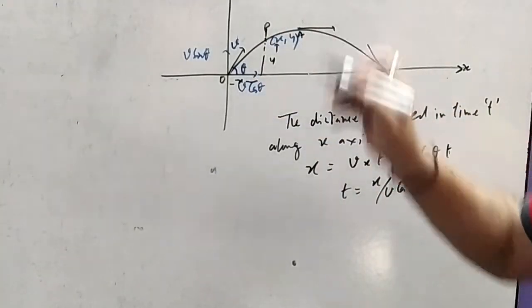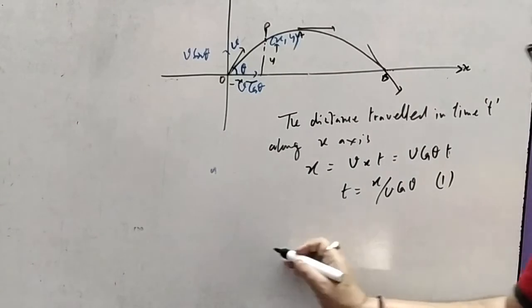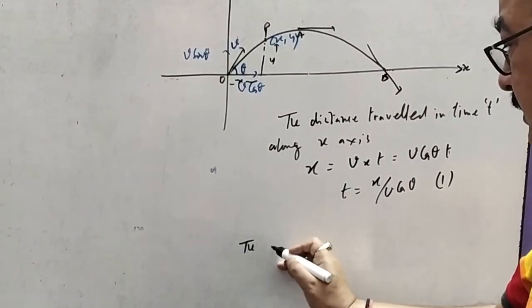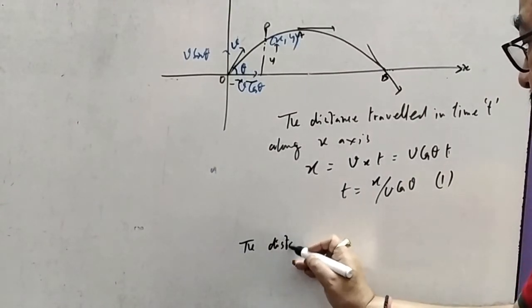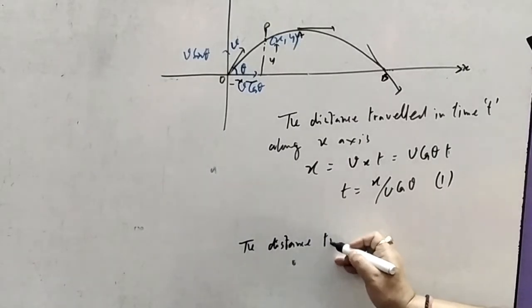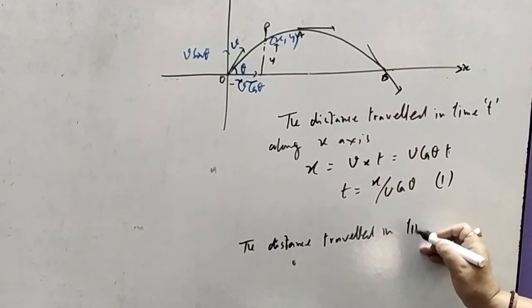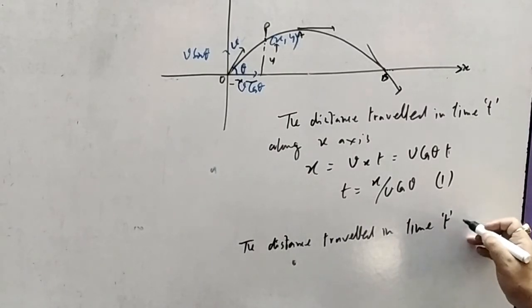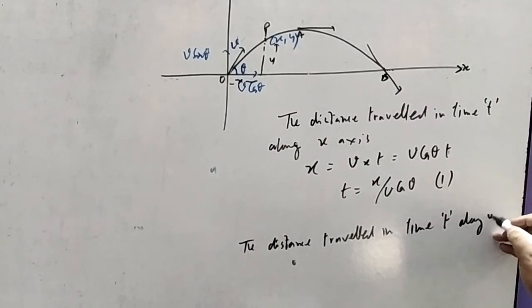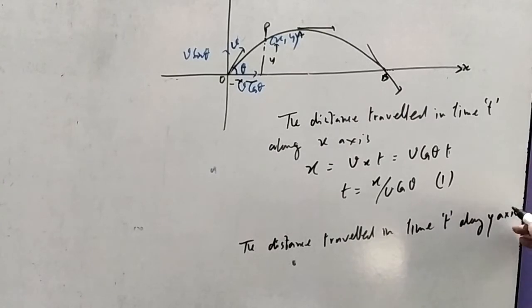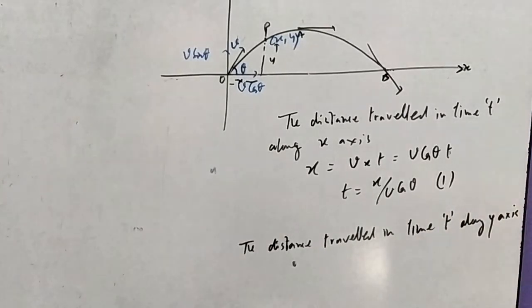Let us see the displacement along the y axis, the distance traveled in time t along the y axis. Here there is acceleration also.